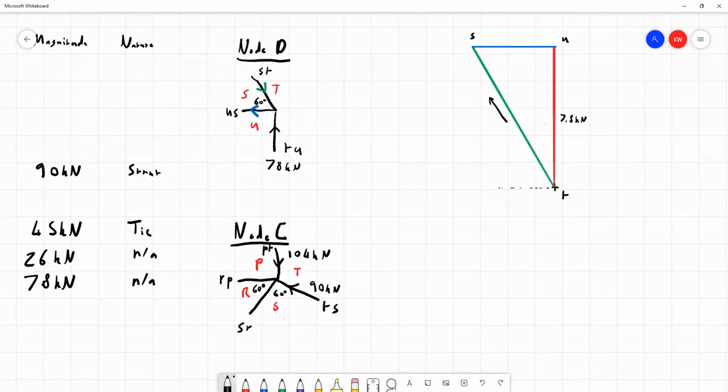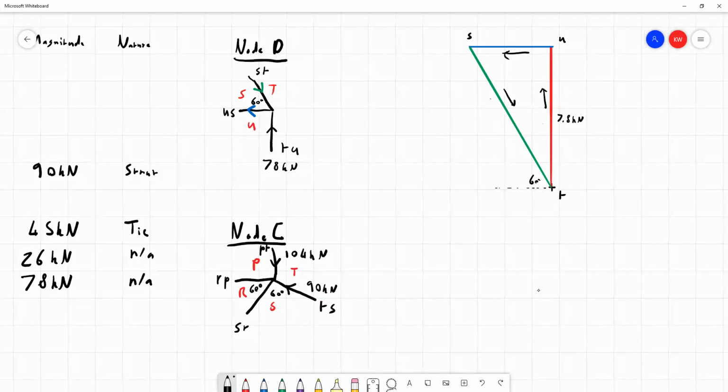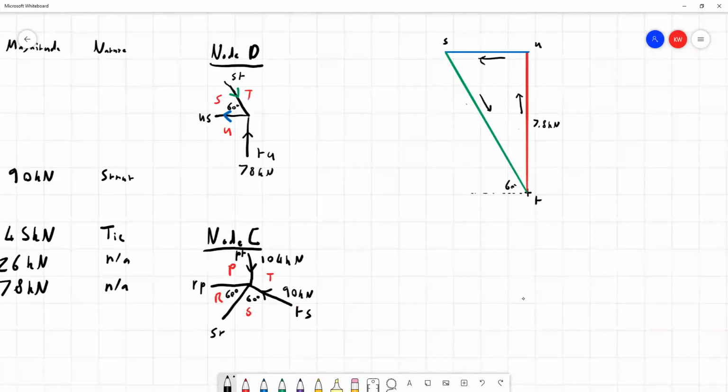I should have marked on that was 60 degrees here as well. I'll leave that diagram exactly as it was for node D, and I want to copy the diagram and add to it. So this was the order of our forces for node D. So rather than immediately vandalize the diagram that we have here, what we're going to do is just make a copy of this diagram, and we'll add on our information for node C to a new diagram.